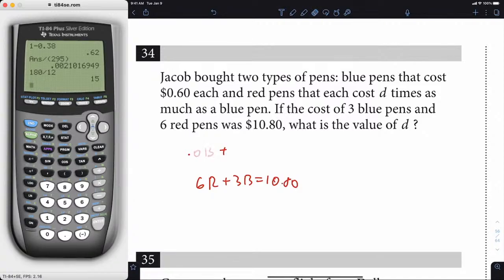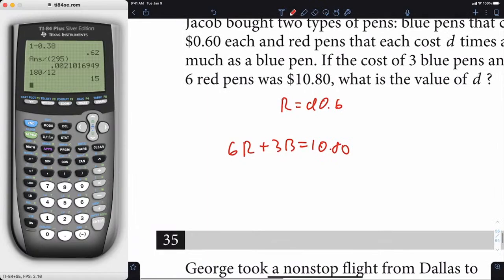Oh, okay, I see what they're saying. So blue pens are 60 cents each, and red pens are equal to D times as much as a blue pen. So D times 0.6, I guess, which is fine. So I'm just going to plug D times 0.6 in for R.